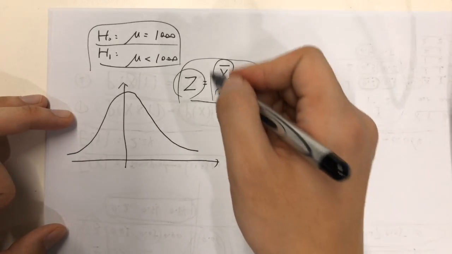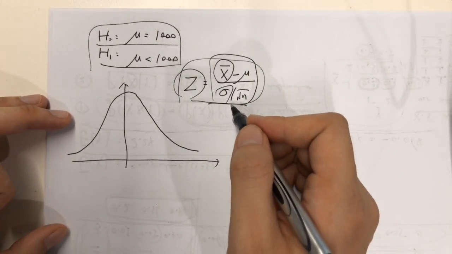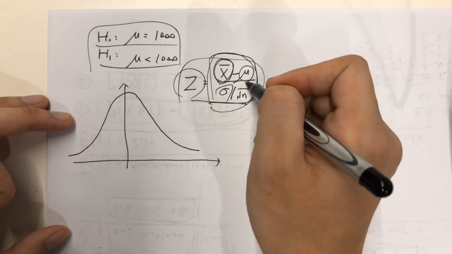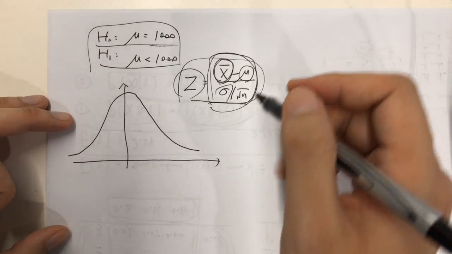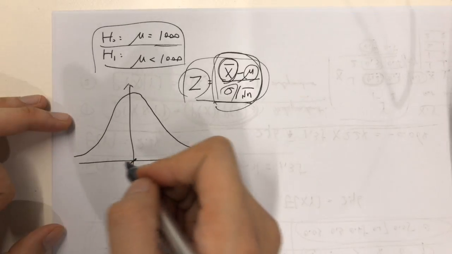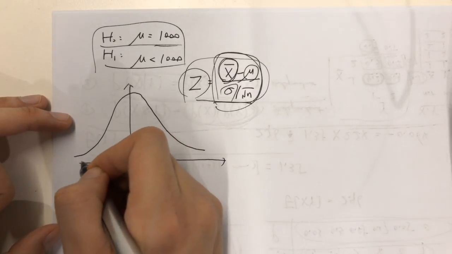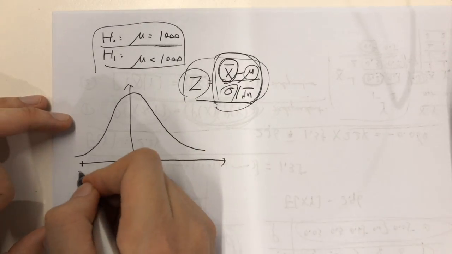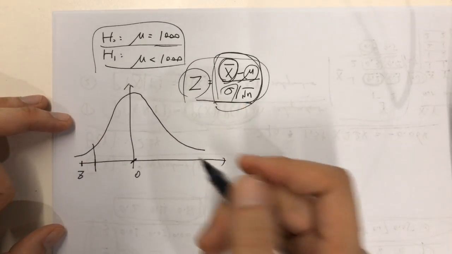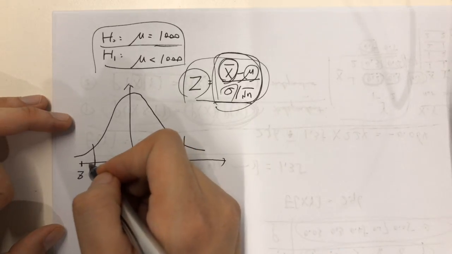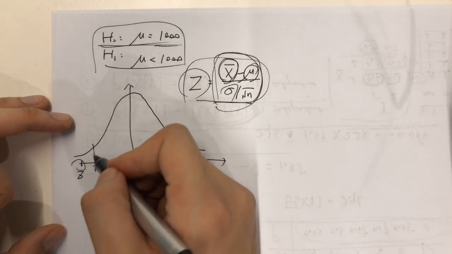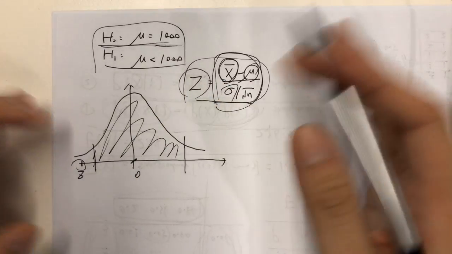And we want to see if this value is very far away from 0, right? Because we want to know if x bar is very far away from mu under the null hypothesis. So this is 0, and if we observe a z over here, this is not very likely if the null hypothesis is correct, because it's outside of the very likely region.